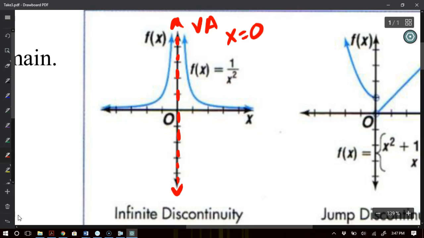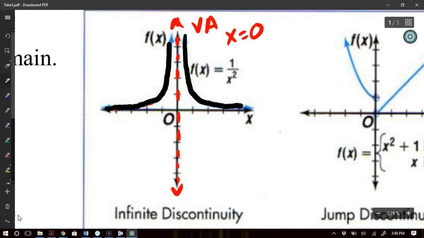Everywhere else on that function, there's a point, there's a point, there's a point. I can draw, except for right there. Right there, I couldn't draw. And so I have my points, and then just at that 0, I had to lift up my pen. But everywhere else, I could just keep drawing.